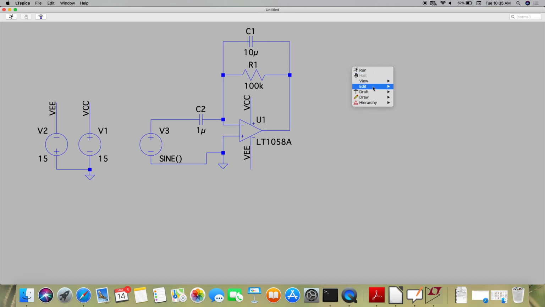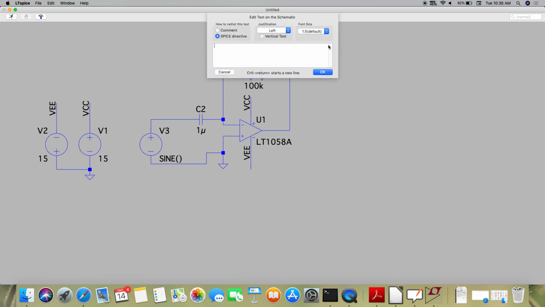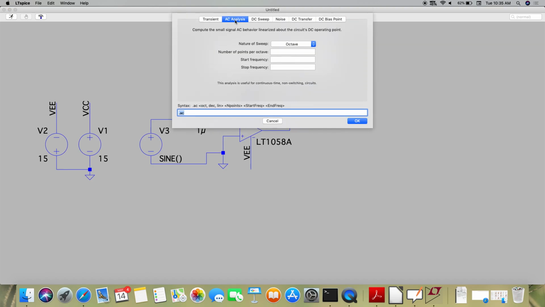So as I told you, I'm interested in finding out the AC analysis. AC is the one which is going to give me the transfer function. I'm going to use decade as the nature of the sweep. Means the x-axis will be in, if you remember, we used to use semi-log paper, so it will be in decade. Number of points per decade, let's assume 100.